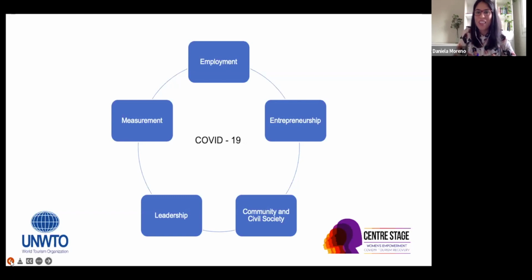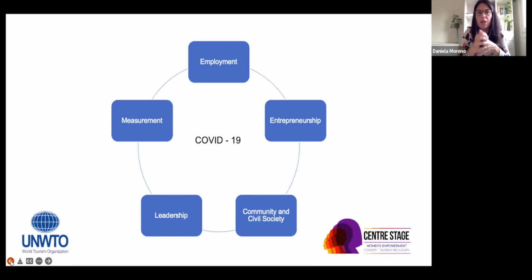So they are facing this situation. And this is also a very bizarre situation, because we are the vast majority of people working in tourism, but we are the vast majority of people that lost the job due to COVID-19, right? So we have to think why this is happening, right?